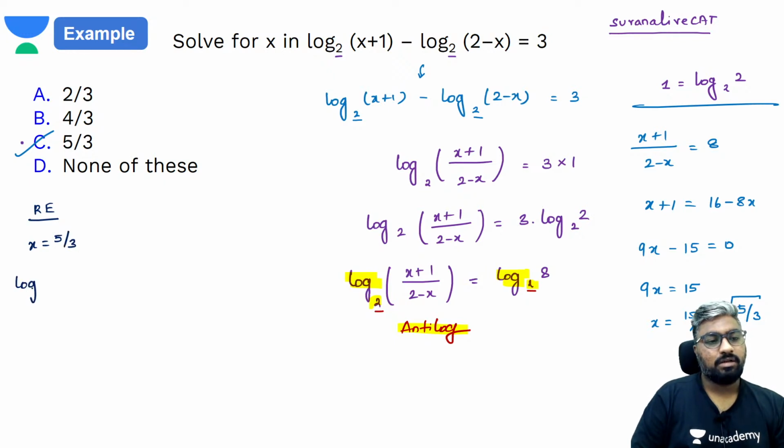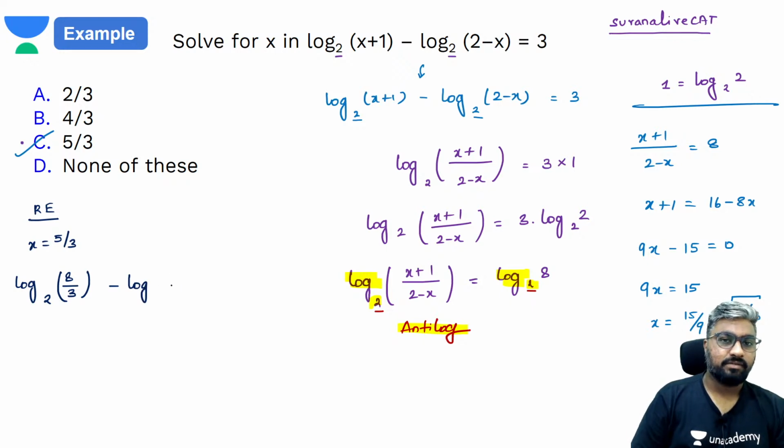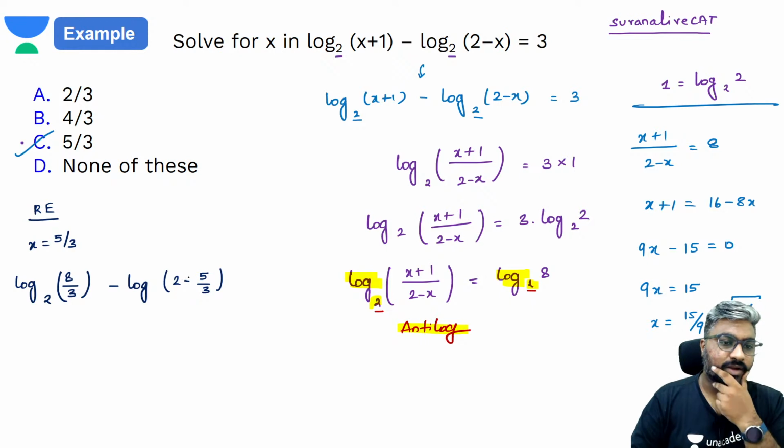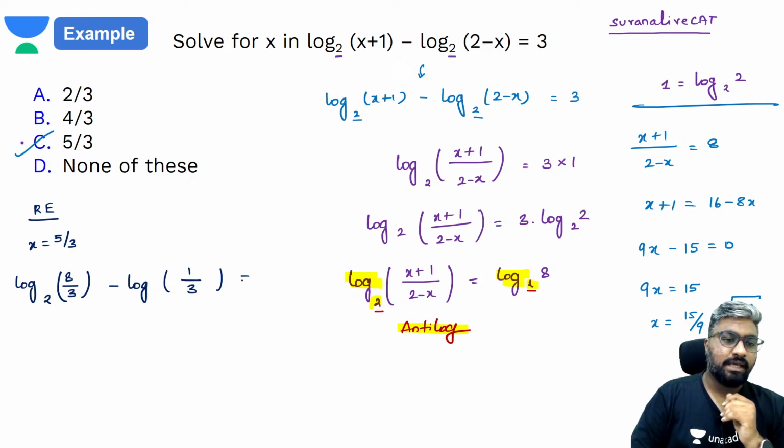You will get log of 5 by 3 plus 1, which is 8 by 3, to the base 2, minus log of 2 minus x. What is 2 minus x? 2 minus 5 by 3, which will become 1 by 3. Yes, this should be equal to 3. Is it true though? Yes.